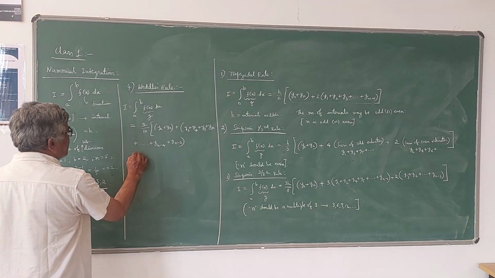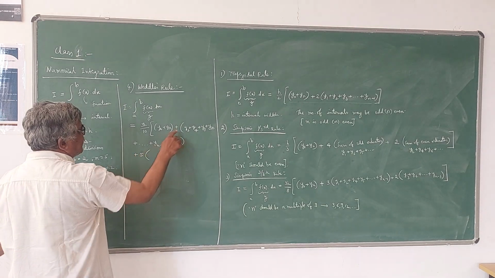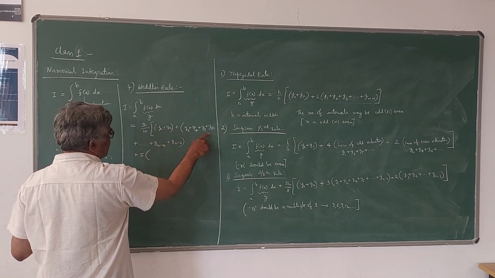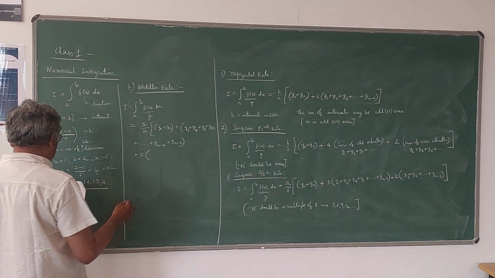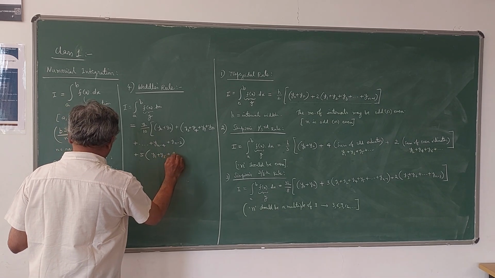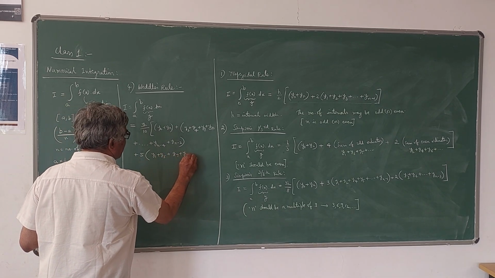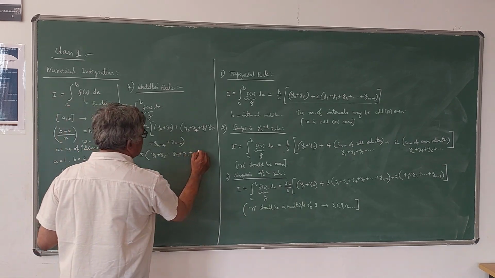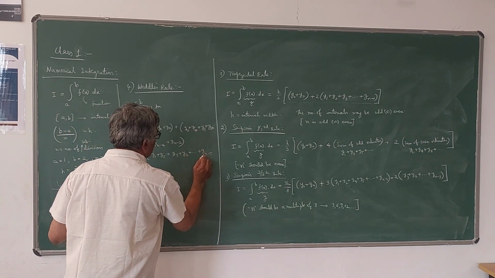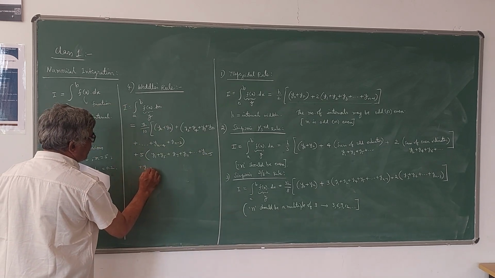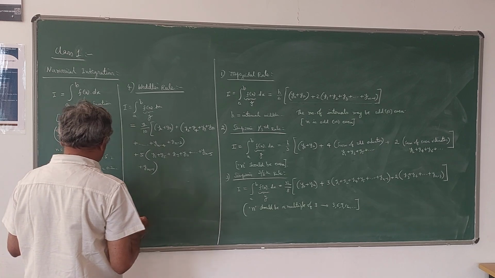Then plus 5 times: that means 1 into this. Next, plus 5 times y1 plus y5 plus y7 plus y11 up to yn minus 5 plus yn minus 1. So this is the second term.